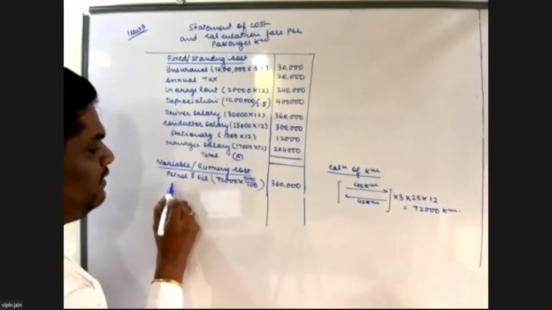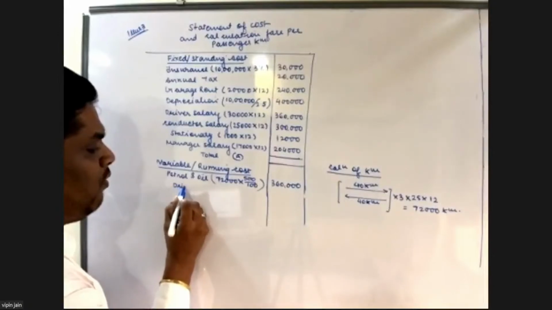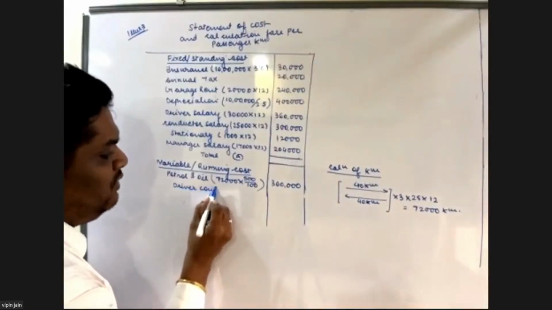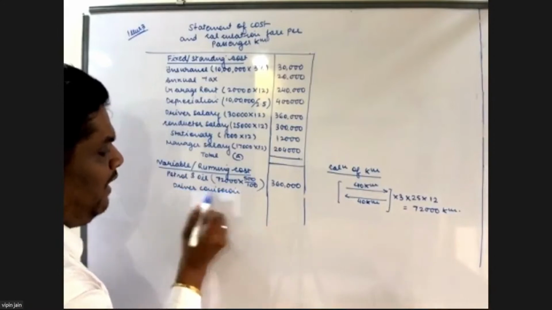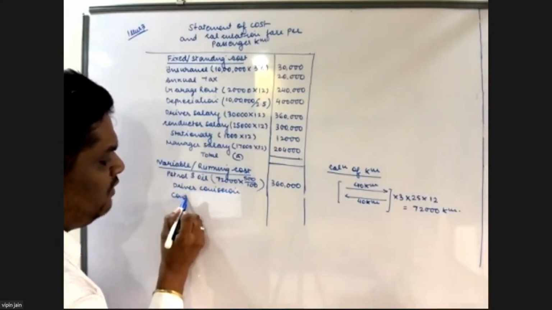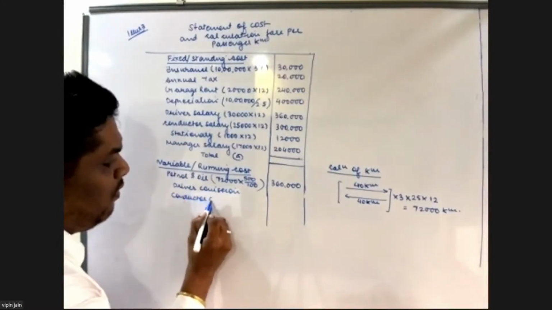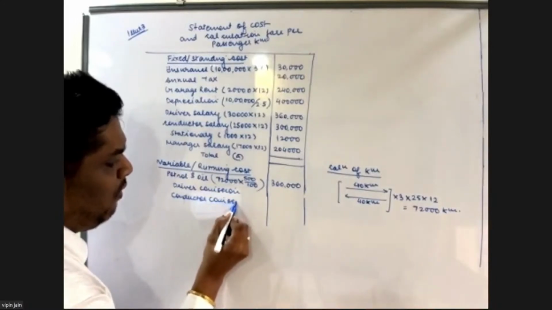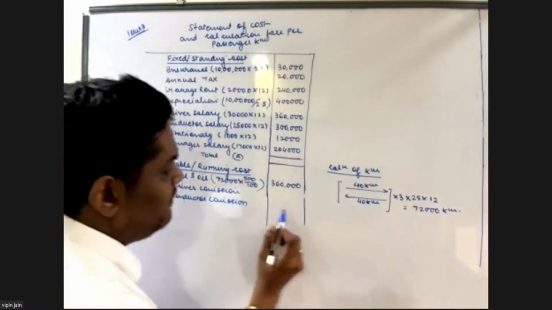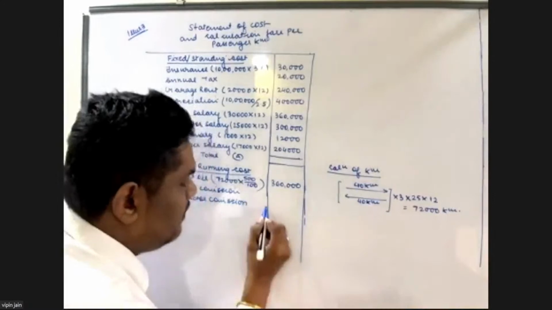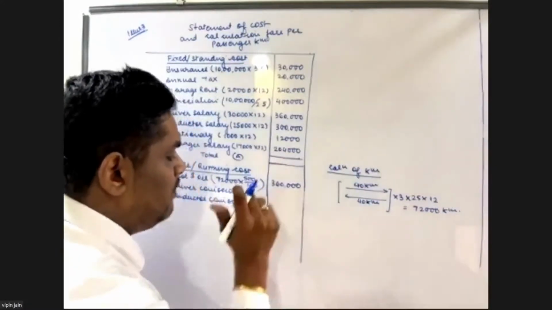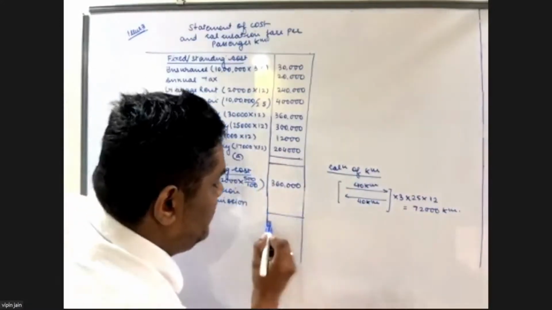Further, we have to add driver commission and conductor commission. This we will calculate separately. This will be total B.